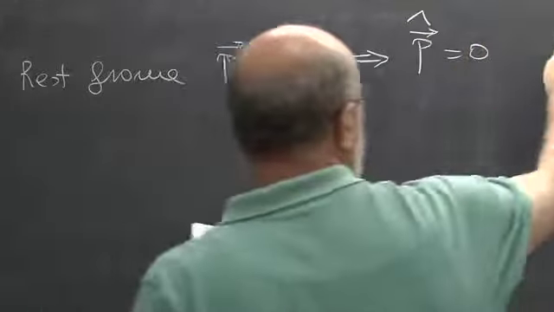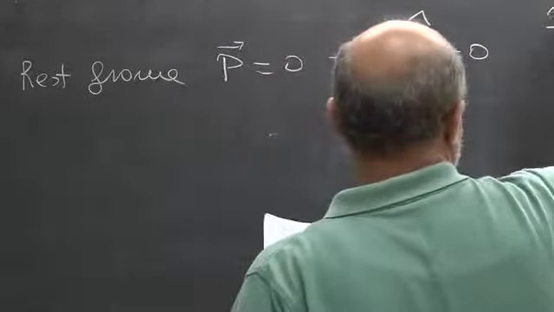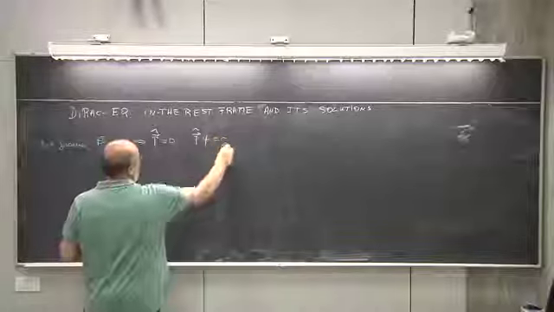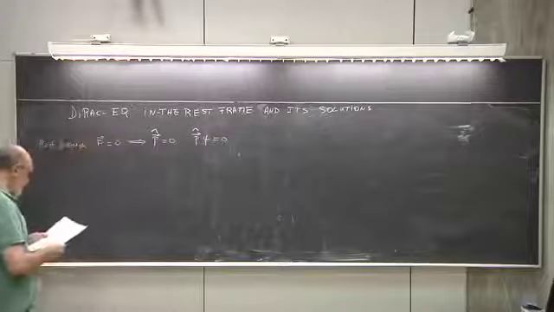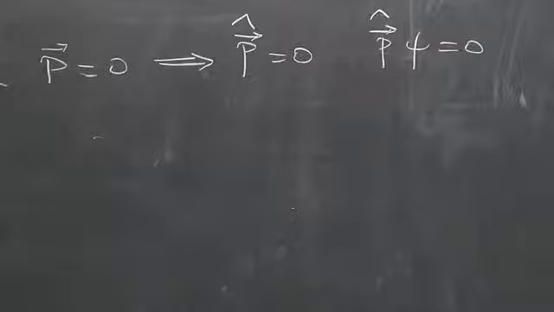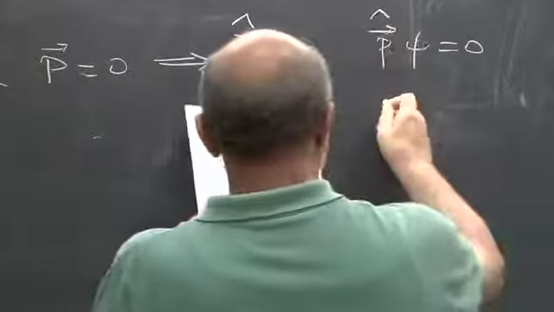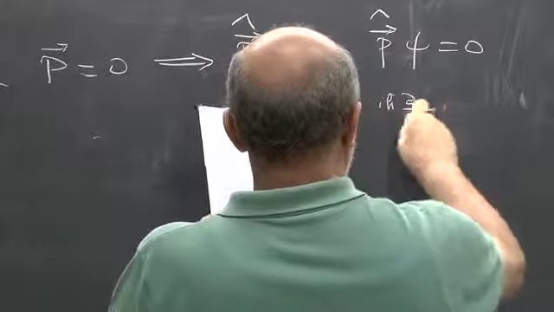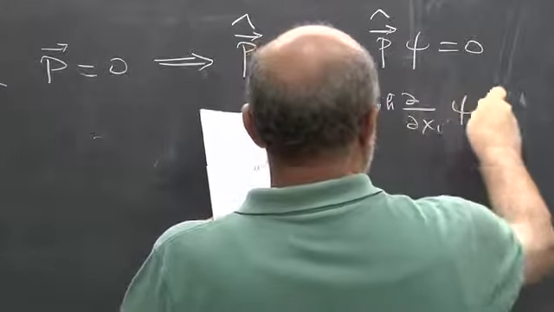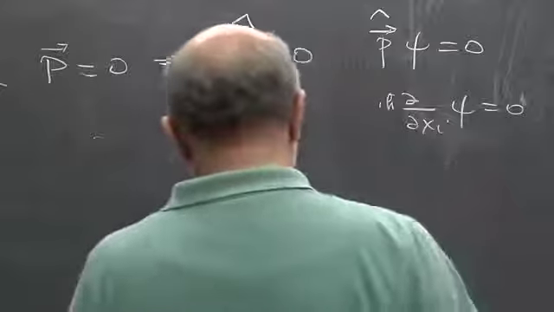And that an operator is 0 implies that when you apply it on psi, any function, it gives 0. So what does this mean? This means iħ d/dx_i on psi is 0.